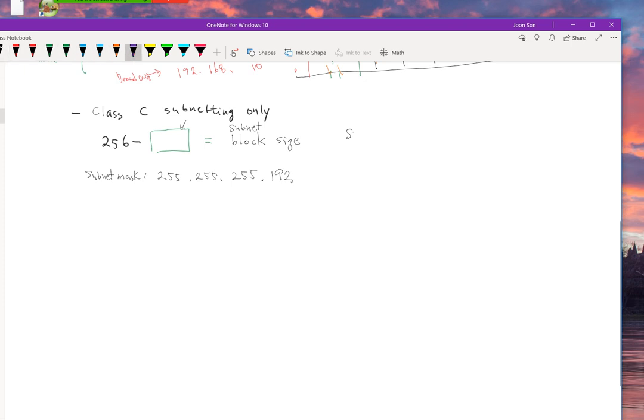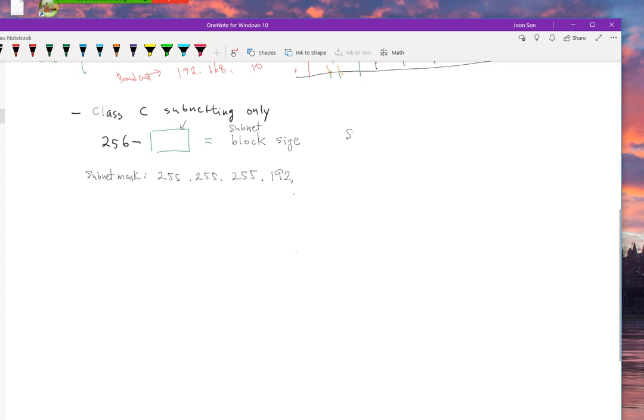And that's the number that you have to use, this 192. It could be 192, 240, or sometimes 248. It really depends on the problem. But in our case, 192 is given, so you can use this 192.